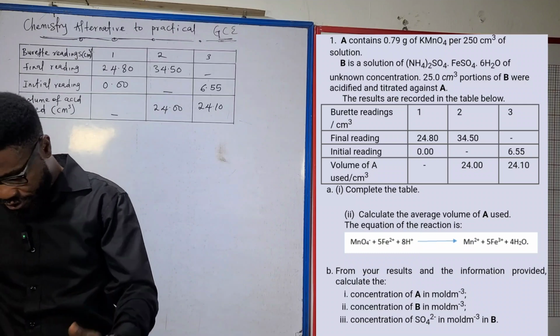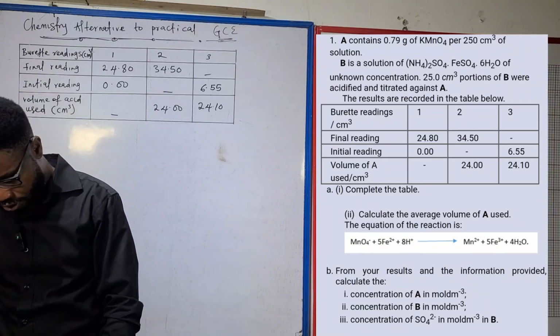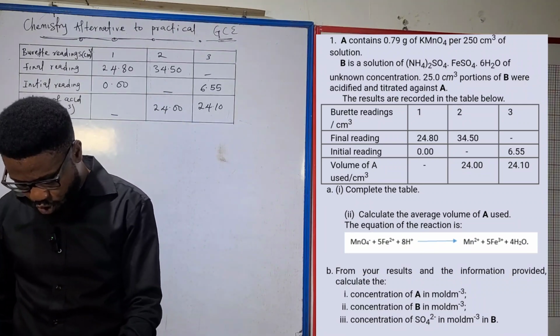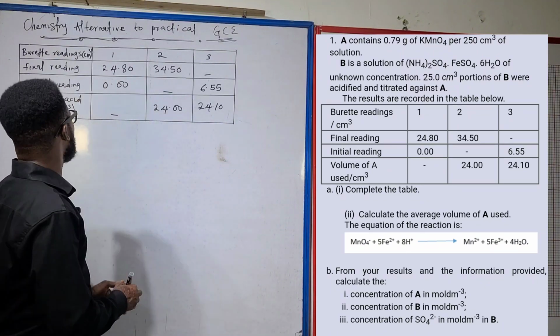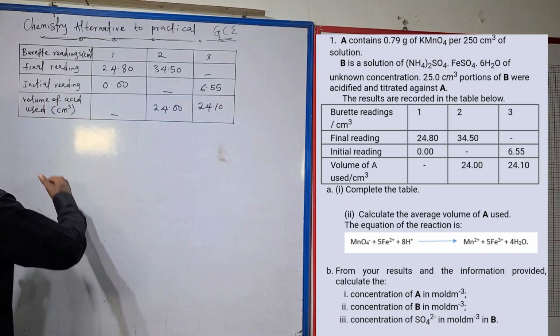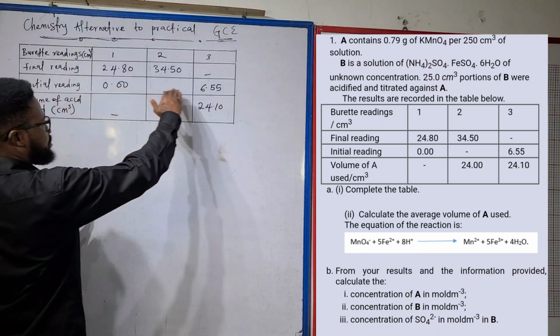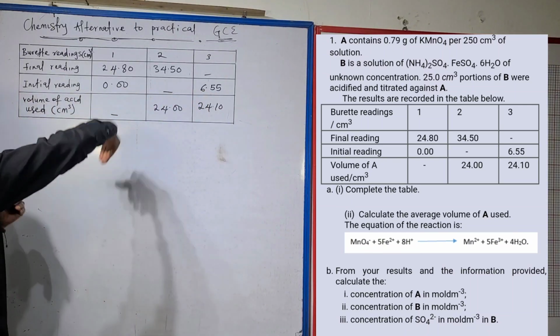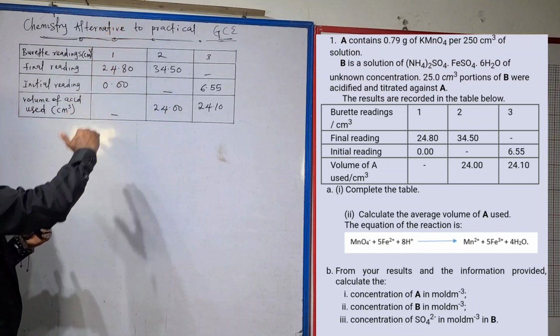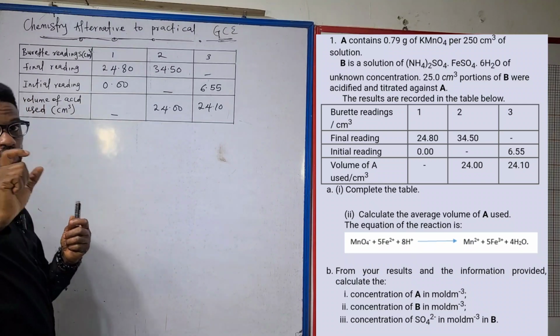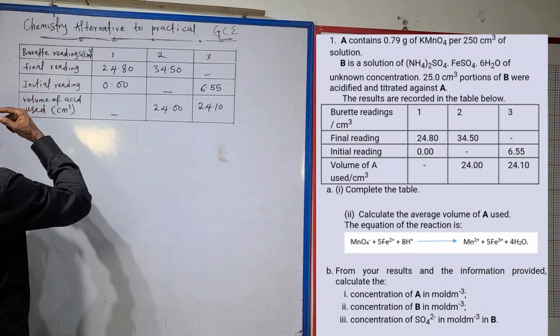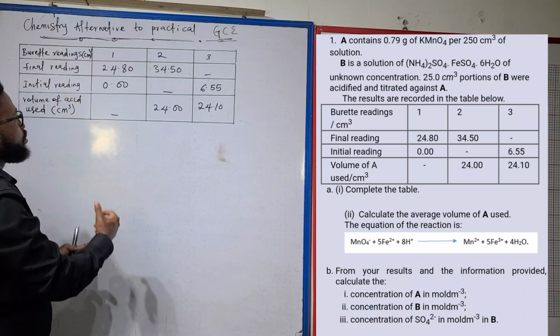Looking at the question popping up on your screen, the first thing we're told to do is to complete the table. We all know by now that usually we will have an initial burette reading, then we run whatever solution we have in the pipette until we notice a color change, and that gives us our final burette reading.